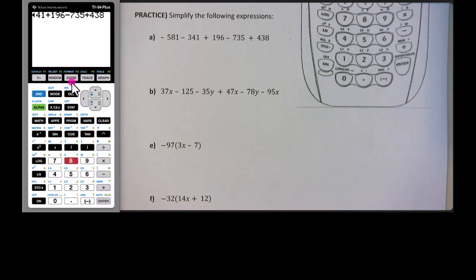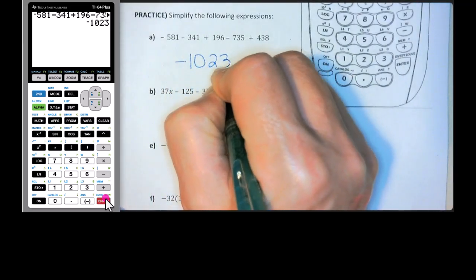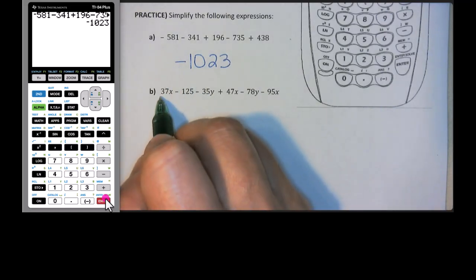Please remember the first negative is the little one and the second negative is the big one. And we get negative 1023.